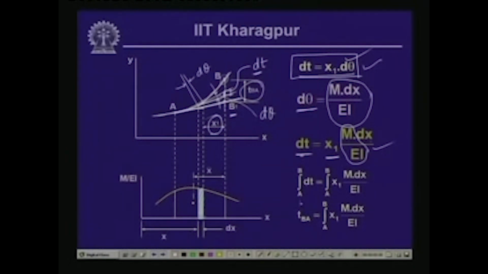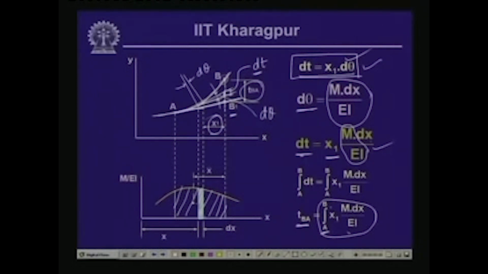So, T at P minus T at B1 is equal to TBA. This is equal to the integral of x1 times M dx by EI between A and B. This indicates that this is the moment of the M by EI diagram between points A and B taken about the point B, where M by EI is the ordinate, dx is the strip width, integrated over the length, and x1 is the distance of that strip.